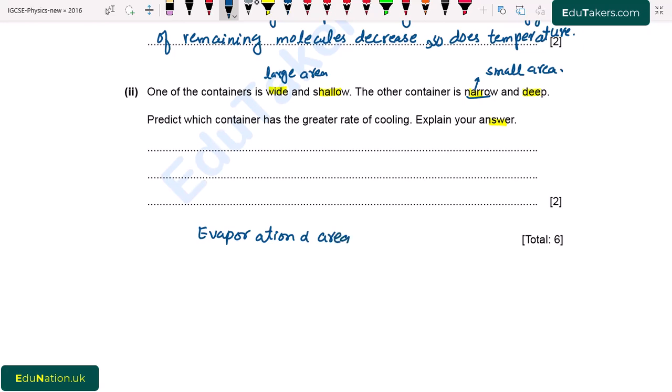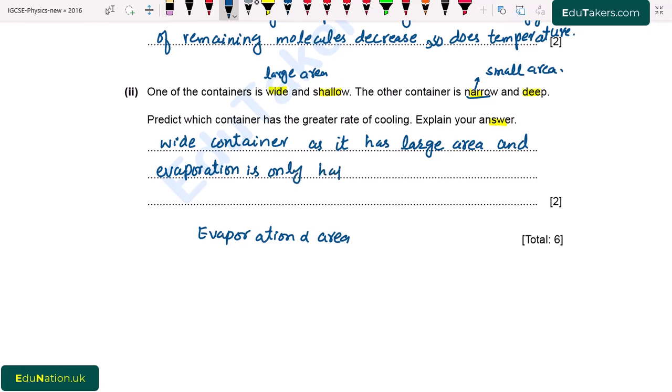So I write here: wide container, as it has large area, and evaporation only happens at the surface of the liquid.